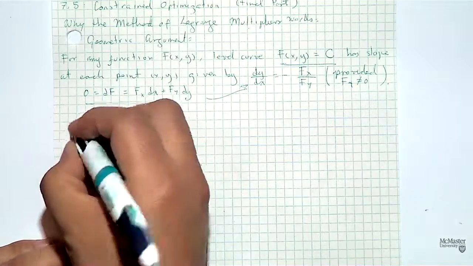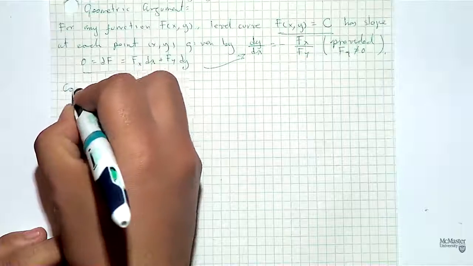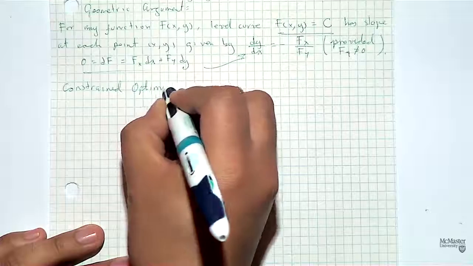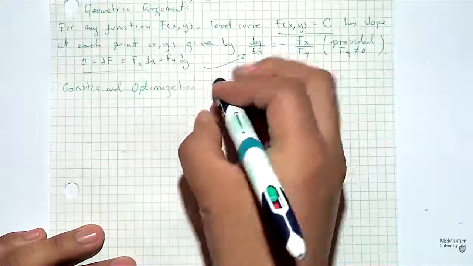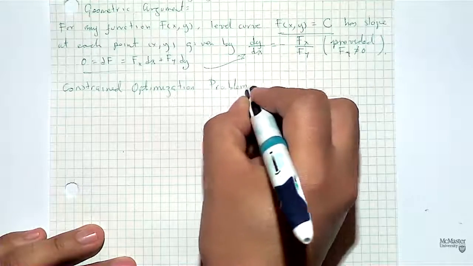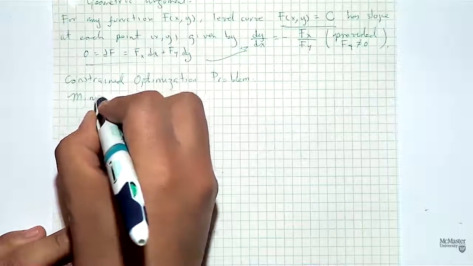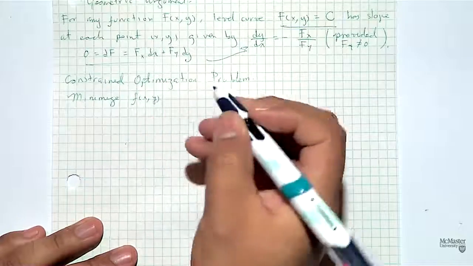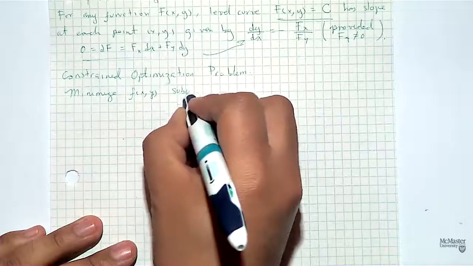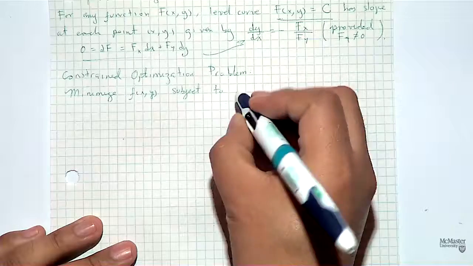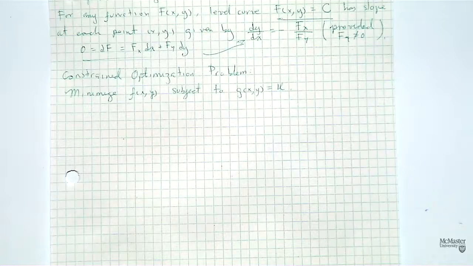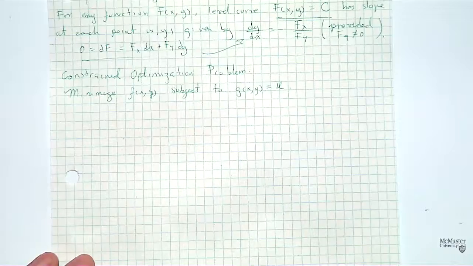So, in particular, for the constrained optimization problem, the goal is to minimize a function, little f of x and y, subject to the constraint that we call g of x and y equal to k. That is just a restatement, but I'm trying to tie this concept of level curves into our problem.